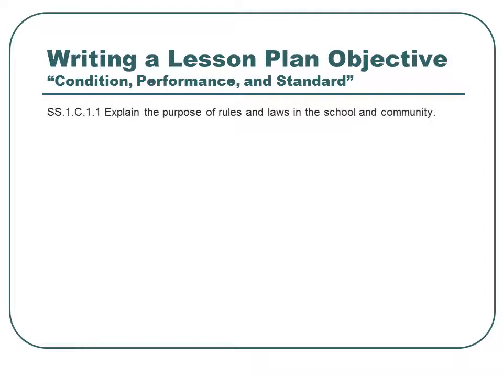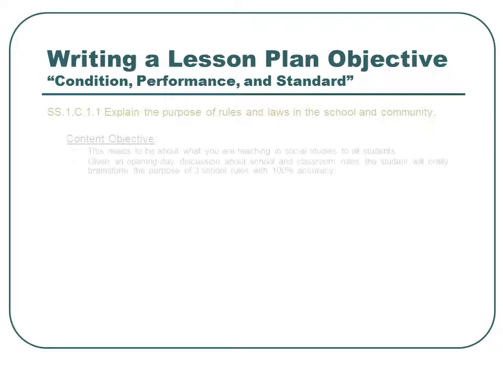For example, I'm an ESL teacher writing a CALA lesson plan. I need to write 3 objectives for my 1 lesson plan. I'm teaching a first grade social studies class, and this is the benchmark and possibilities for corresponding content, CALP, and learning strategy objectives. Explain the purpose of rules and laws in the school and community.